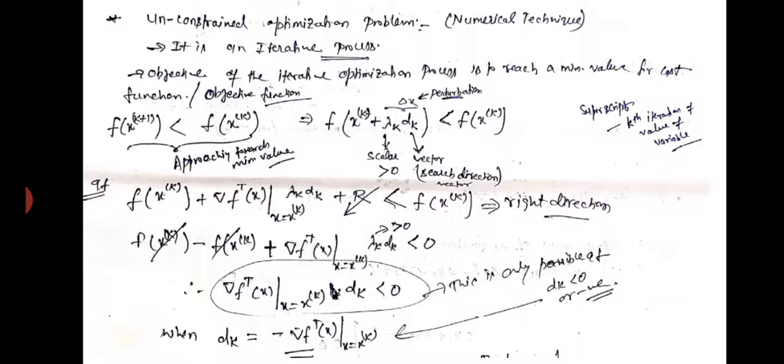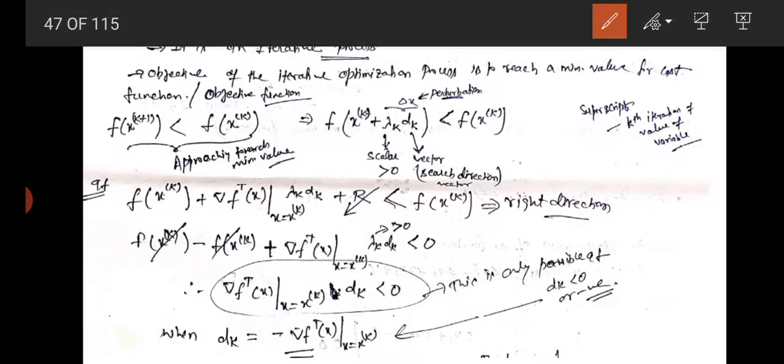We can illustrate this with an equation: f(x_{k+1}), where k+1 is the iteration number, should be less than f(x_k). It means whatever value we got from the current iteration should be less than the previous one. This is the concept.